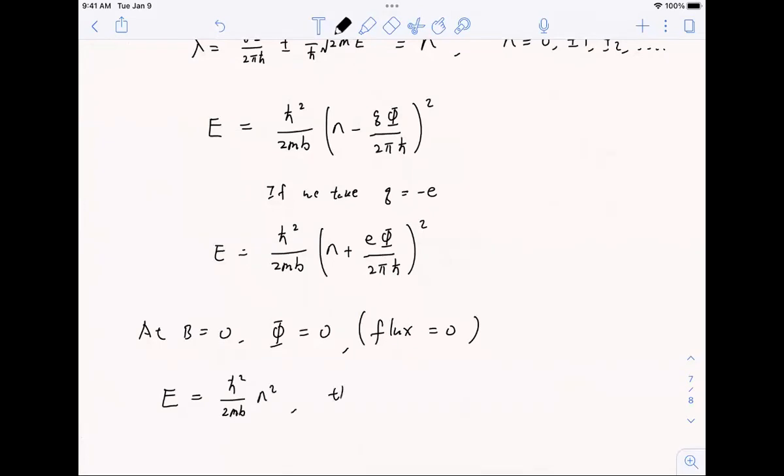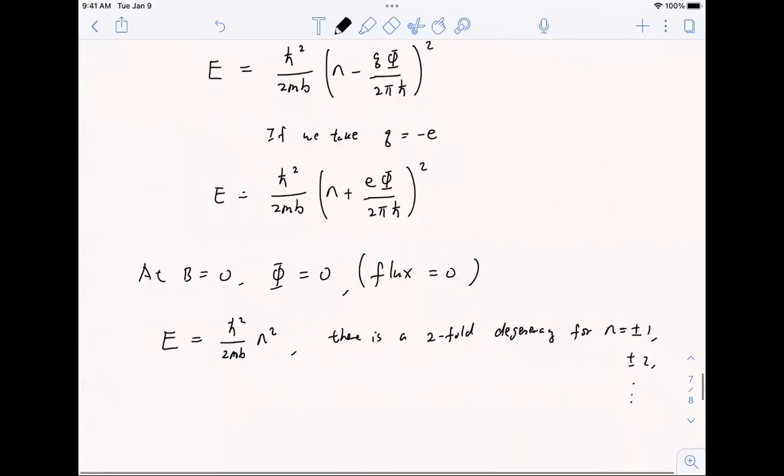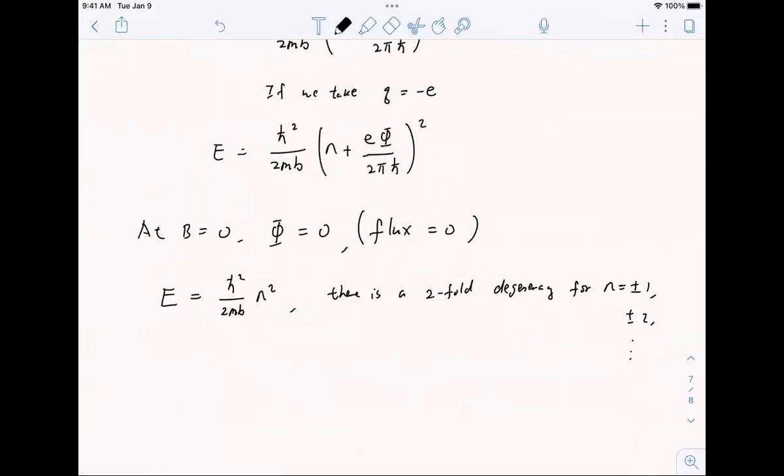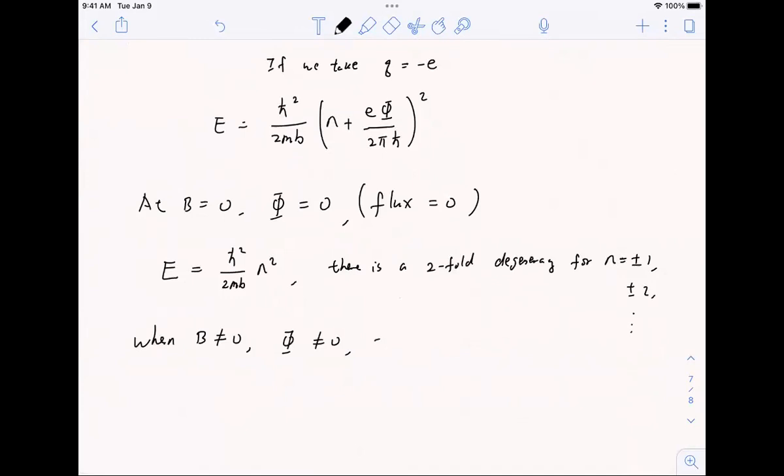So there's a twofold degeneracy for n equal to +1, +2. So the positive and negative number, they get the same energy. But when B is not equal to 0, this is not equal to 0, and the twofold degeneracy is lifted.